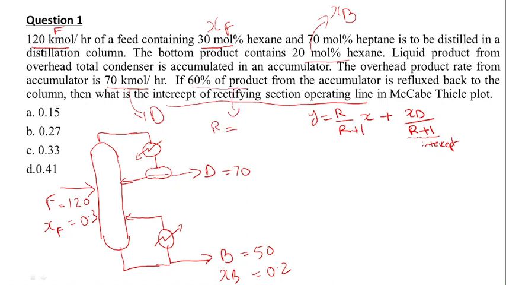So the reflux ratio will be given by L by D. L is the quantity refluxed back, that is 60, and quantity that is drawn as product, that is 40. So R is coming to be 1.5.